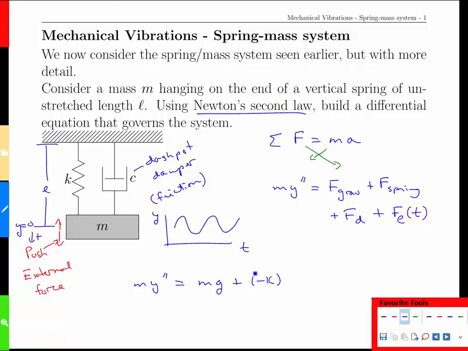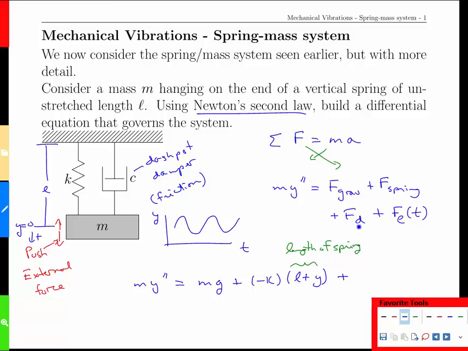The k is the coefficient of the spring, so how stiff or how weak the spring is. And the amount of stretch is going to be defined by L plus y. So L is the equilibrium length, if y is 0, we would just have a force based on that. And as y changes, we're going to have a different length of the spring. We'll be able to simplify that shortly.